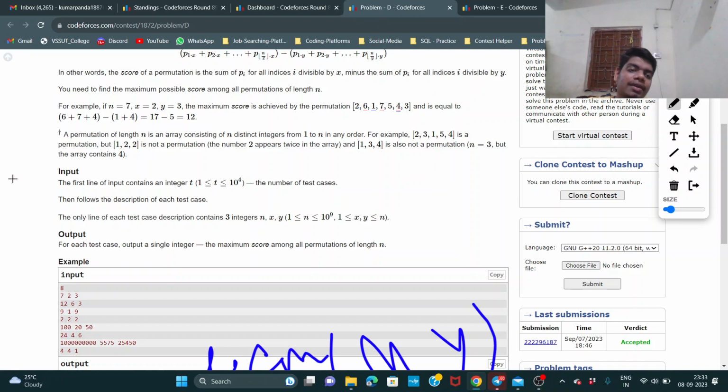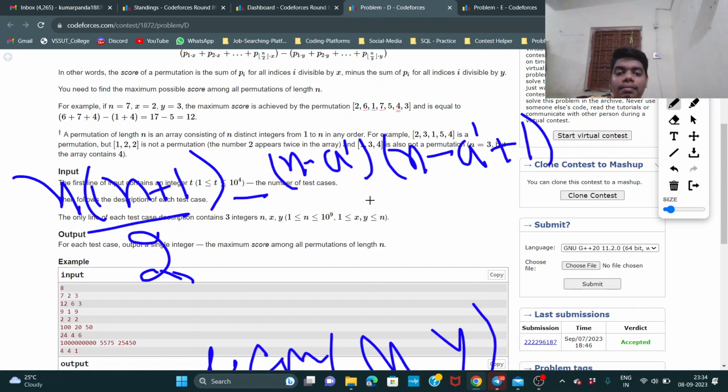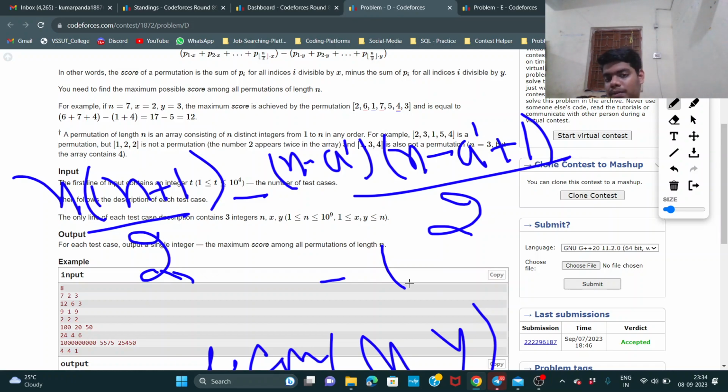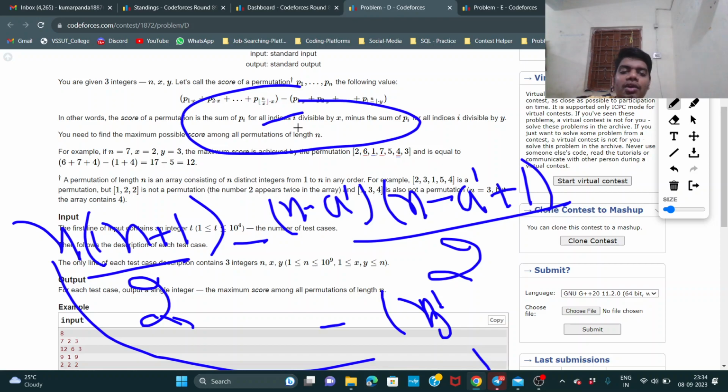We have derived that value: n into n plus 1 by 2 minus n minus a dash into n minus a dash plus 1 by 2 minus the sum of the numbers from the start, n minus b dash. If you solve this equation, you will get one simple equation.